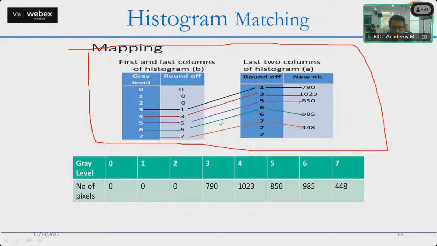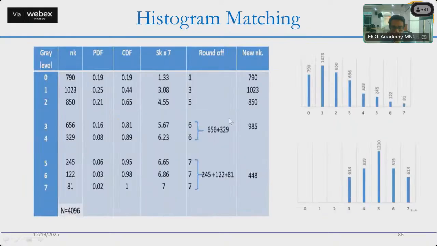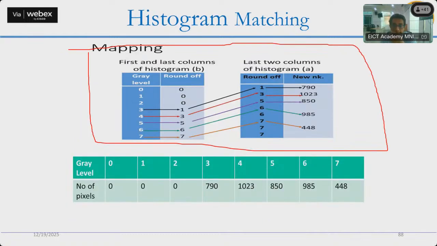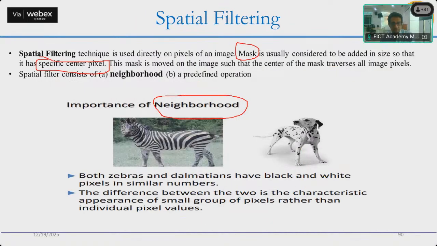5 is going toward the 5 and 6 is toward the 6. So this is basically a matching.